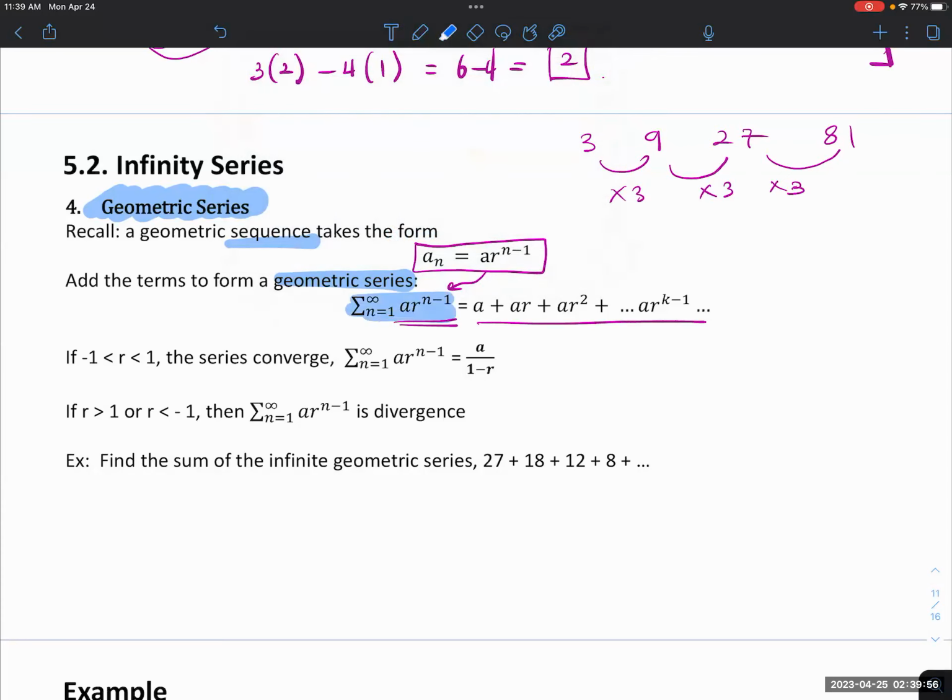So this is the series. And here is the thing. This is a common ratio. If the ratio is between negative 1 and 1, the series always converges. If you're multiplying by a ratio greater than 1, which is this case with 3, or less than negative 1, this series will always be divergent.